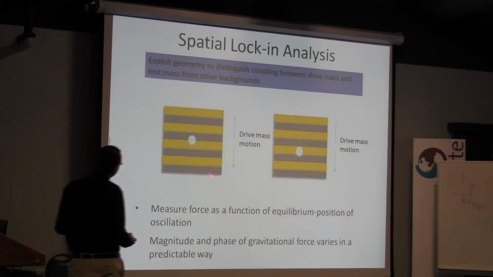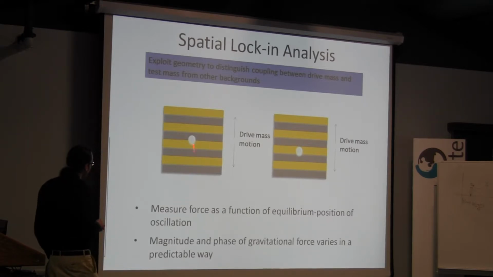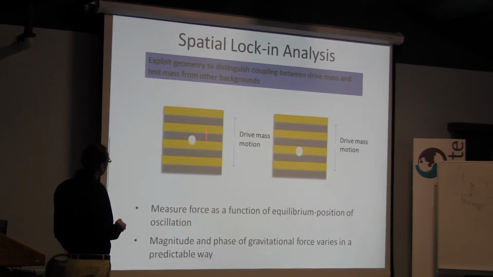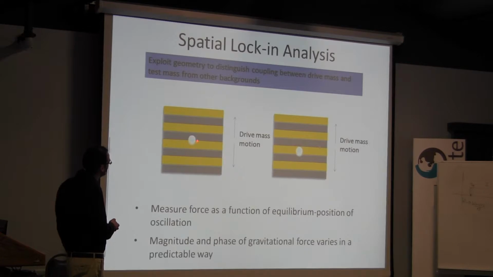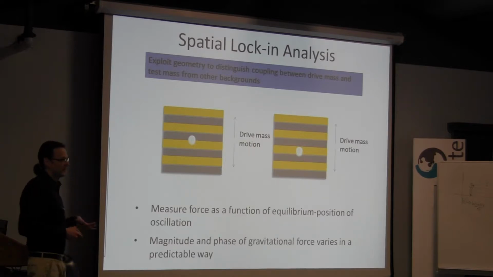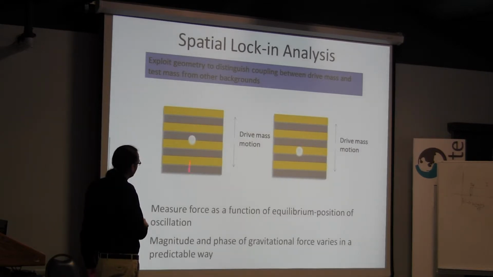So the idea here is that this device is moving back and forth, and I can arrange it such that if the center position, or the equilibrium position, of this oscillation is such that the sphere is right between a dense section and a less dense section, then all of the odd harmonics of the force, in particular the third harmonic where we're measuring, get maximized, and all the even harmonics disappear.